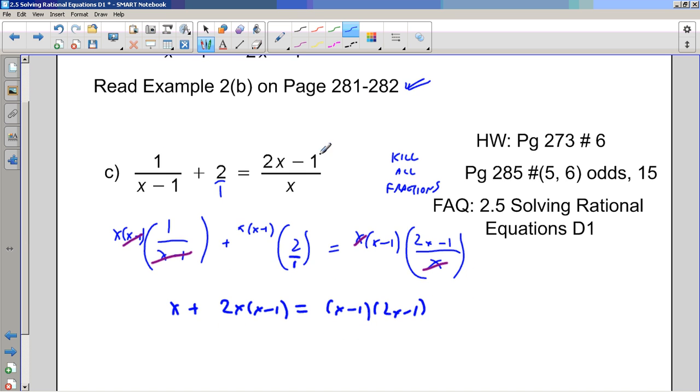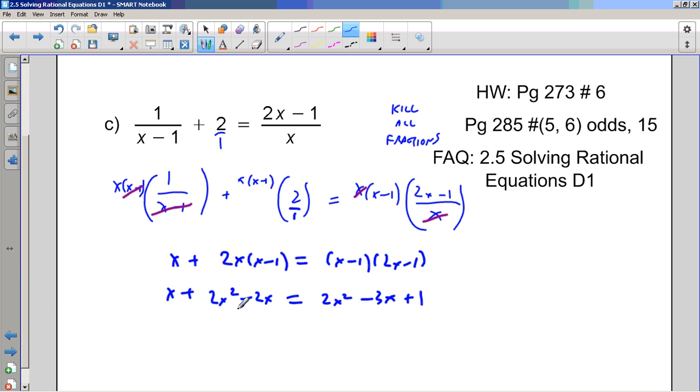And now I've changed my rational equation into a polynomial equation, and I can expand and solve. Now this is like a grade 10 question. It's quadratic. 2x minus 2 and minus 1 is minus 3x plus 1.